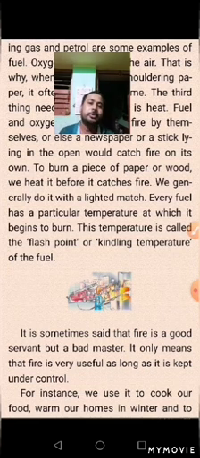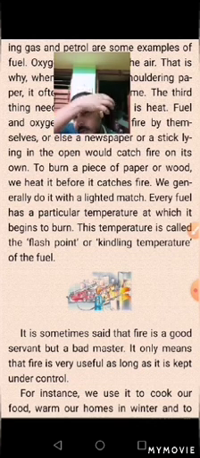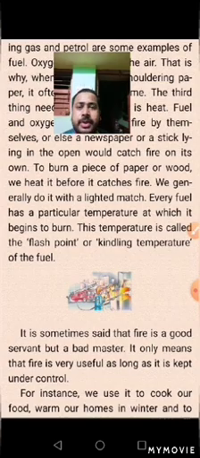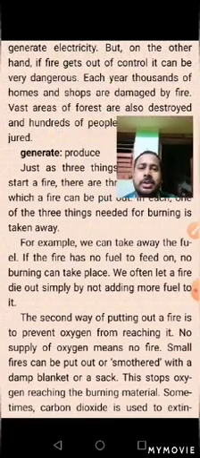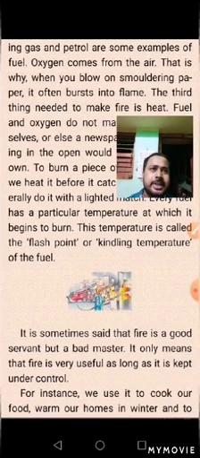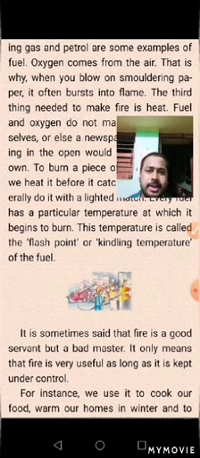Fire, you know, when it is under our control, it is used to cook our food, it is used to warm our homes in winter, it is used to generate electricity. So this is a good servant, it is very useful to us.